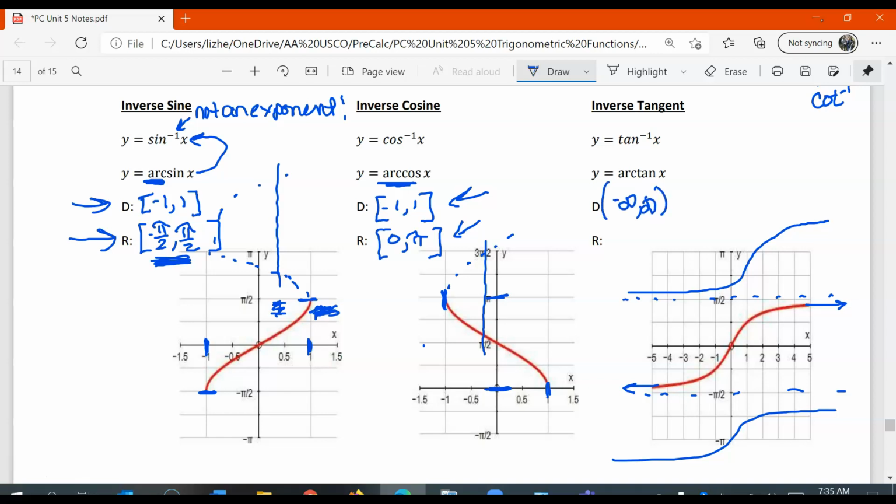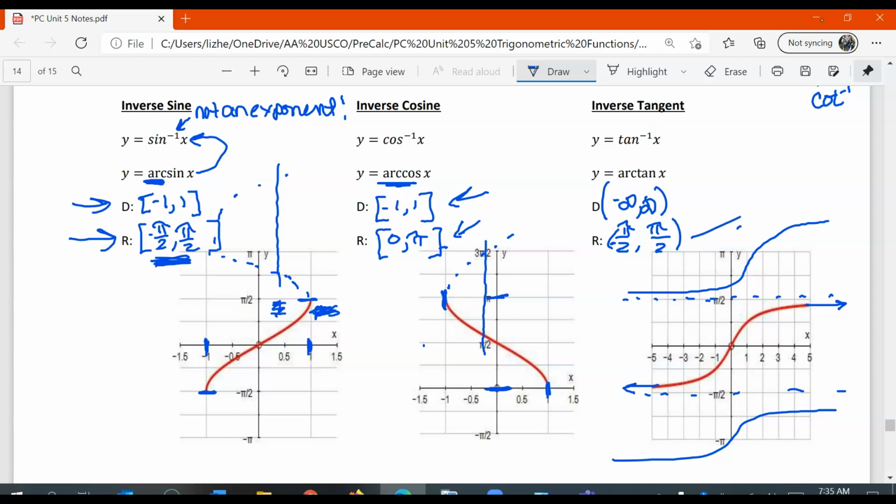But for our range, we don't want to go any higher than π/2. And I guess technically we would start down here at -π/2 to positive π/2, and those are parentheses. We are not including those because those are asymptotes, and so we cannot have the brackets like we did for cosine and sine.